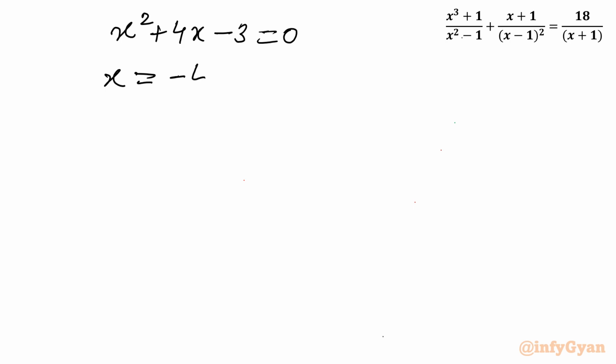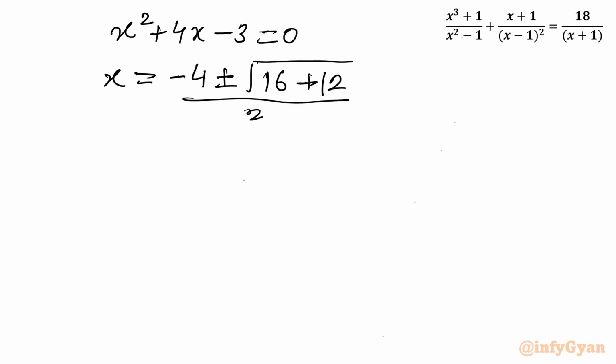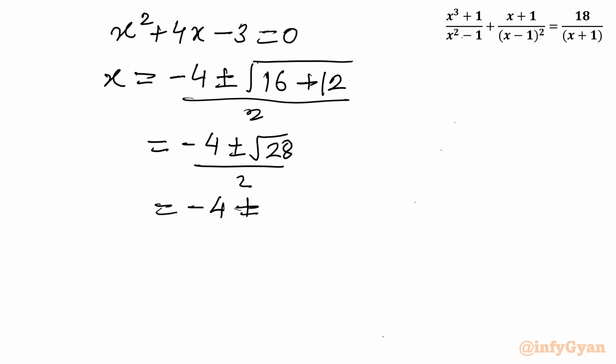Minus b, minus 4, plus minus under the root, b square 16, minus 4ac 12, over 2a, so 2. Minus 4 plus minus square root 28 over 2. Minus 4, 28 is 7 times 4. So I will write plus minus 2 root 7 over 2. So our x solution is minus 2 plus minus root 7.